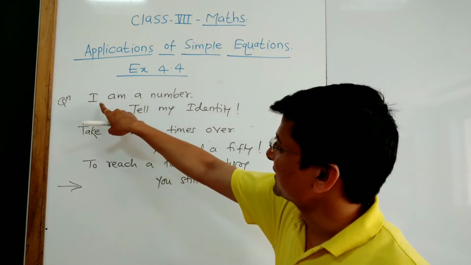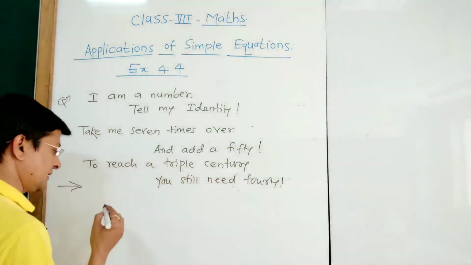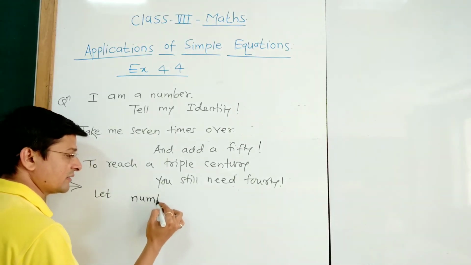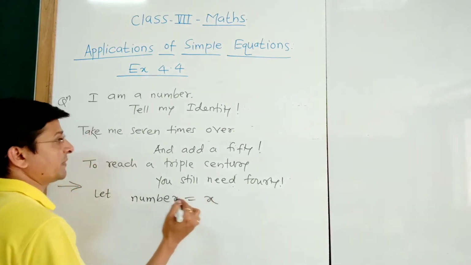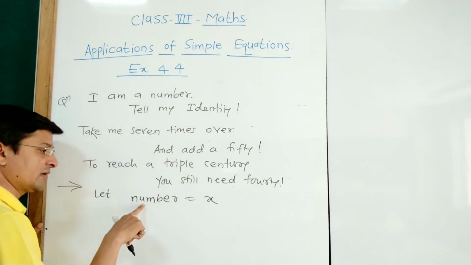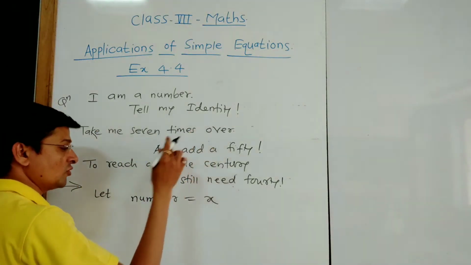Now the first sentence is what? I am a number. Okay, suppose that number is x. Let the number is x. This is the identity of number. Tell my identity. This is the identity. The number is x. Take me 7 times over.